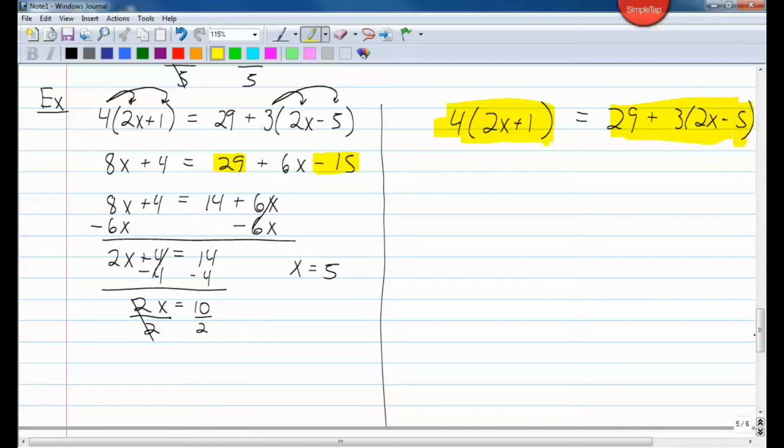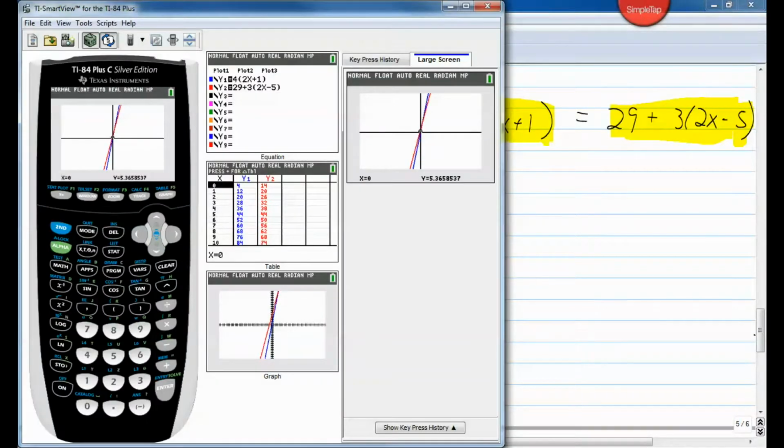If I was to think about this problem like that, and graph both sides of the equation, the blue graph here is 4 times 2x plus 1, and the red graph here is 29 plus 3 times 2x minus 5. Now I do have y equals for both of these, and this little sub 1 and sub 2 just means they're different equations.